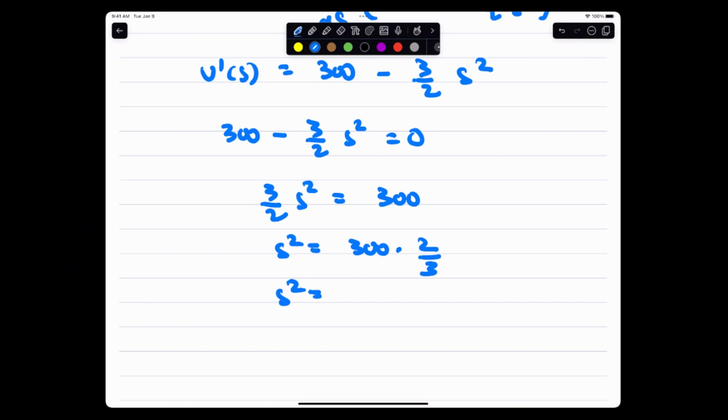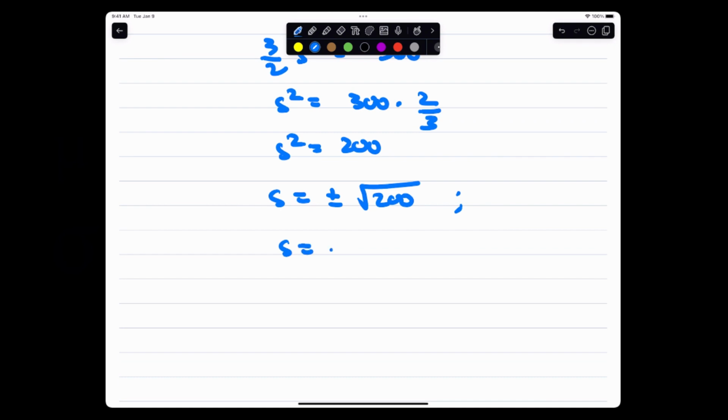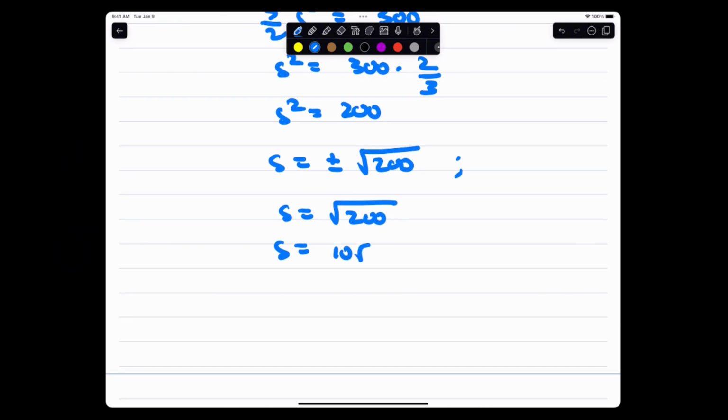S squared is going to be 200, I believe. 600 divided by 3. Okay, so S is plus or minus the square root of what? 200, or it's the positive answer. So your S will be 10 square root of 2. All right.